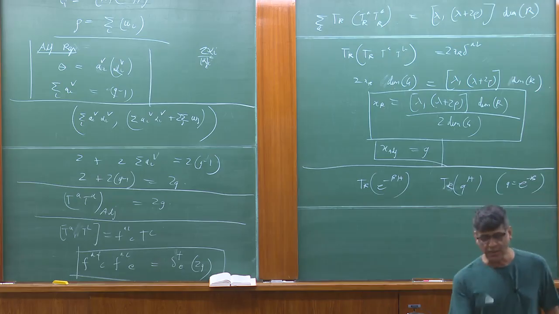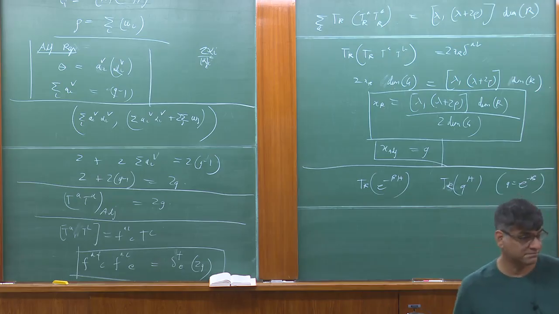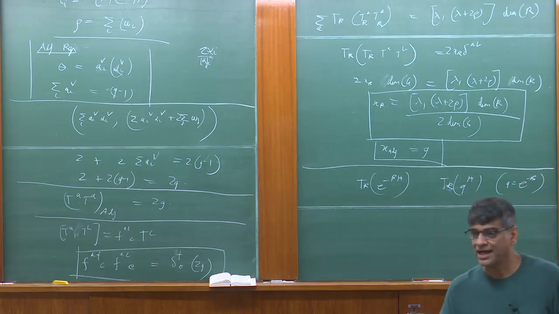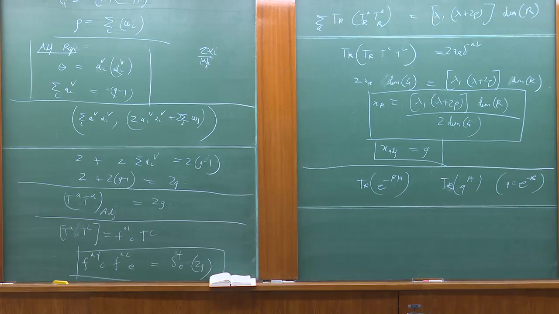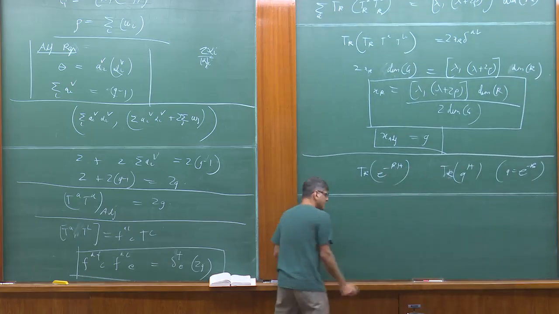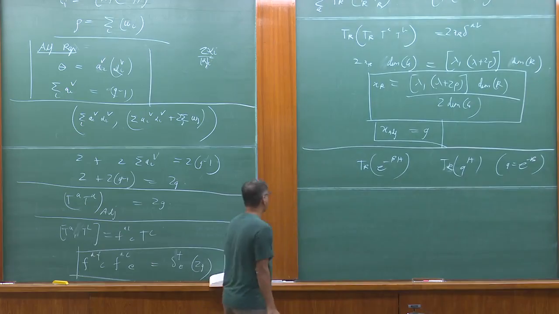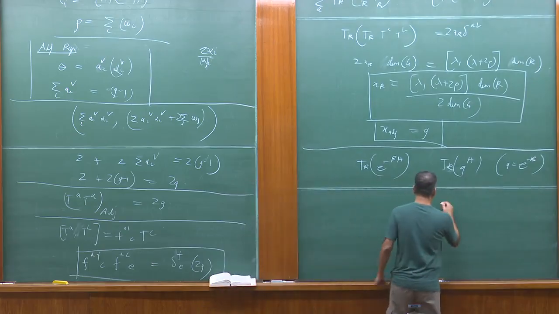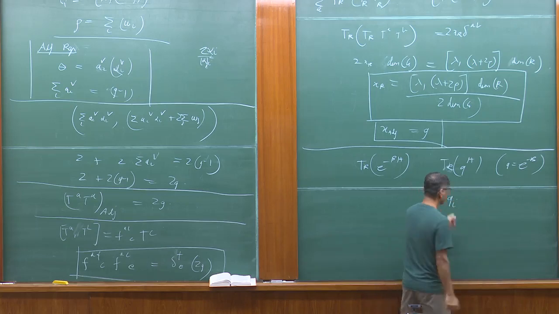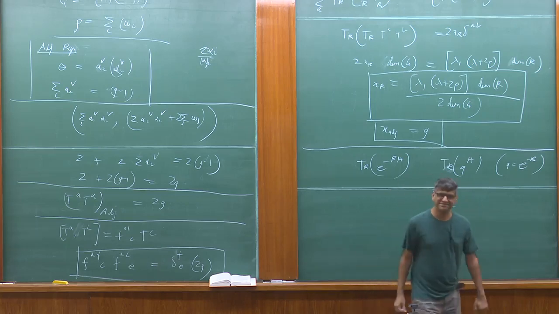Okay? Now we can try to do the same thing for Lie algebra representations. I will first say it formally and then say it less formally. Okay? So what we do is for every H vector, every Hi, we introduce a Qi.